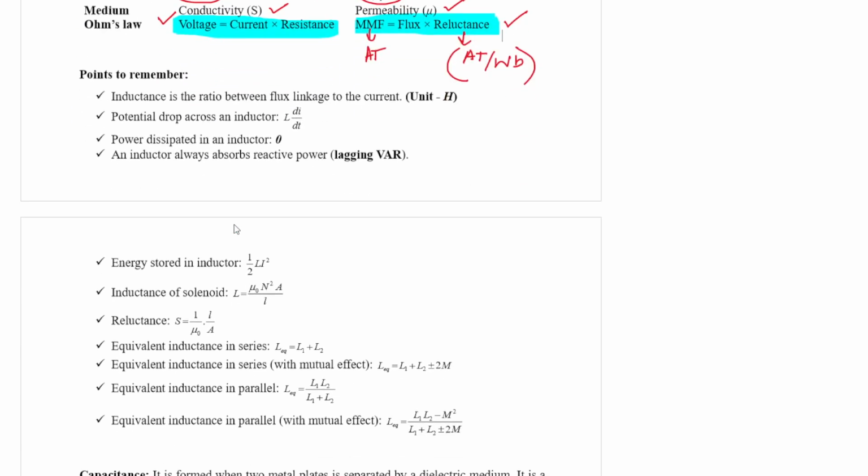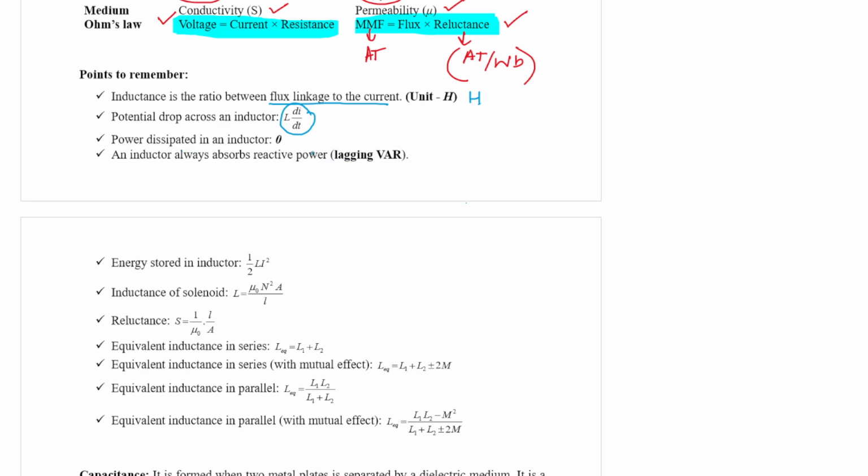Now let us quickly recap what we have gone through. First of all, inductance is the ratio between flux linkage and the current. Unit is Henry. The potential drop of an inductor is L di dt. We shall see this expression later in this course.